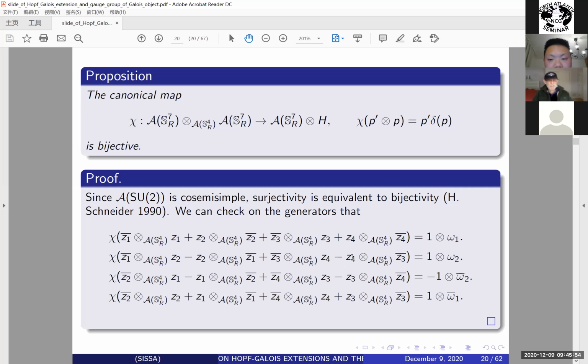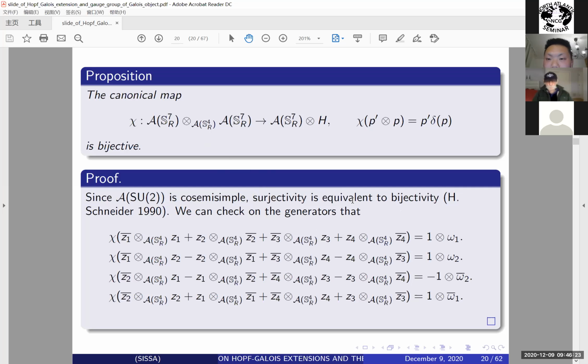So exactly, you proved that your action of SU2 on this S7R is actually free. That's what you just proved. Yes, exactly. And then I also proved this canonical map is surjective, and also since the Hopf algebra is cosemisimple, we can deduce this canonical map is also bijective.